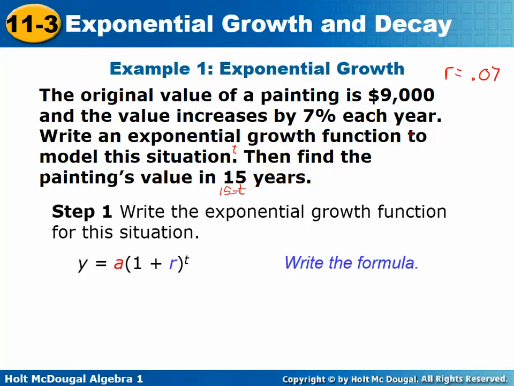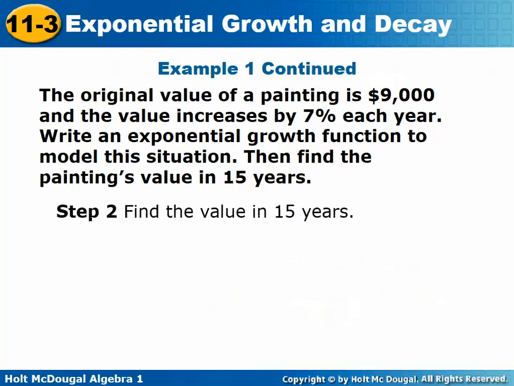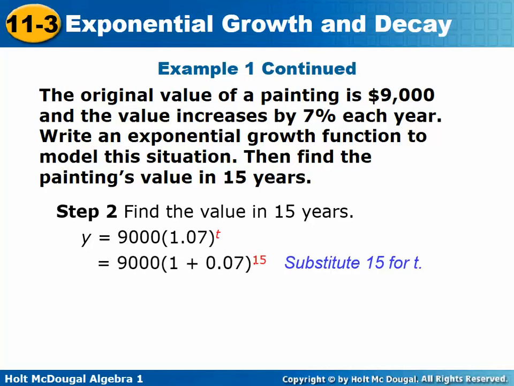All right, so we know that A is 9,000. We know that 0.07 is R, so we put that in there. That's step 1. That's part of the answer to this question. Then for the second part, you can simplify that a little bit, and now we'll replace t with 15. So we write the same thing over again, and then we use our calculator. There's no reason to go back to writing it that way.